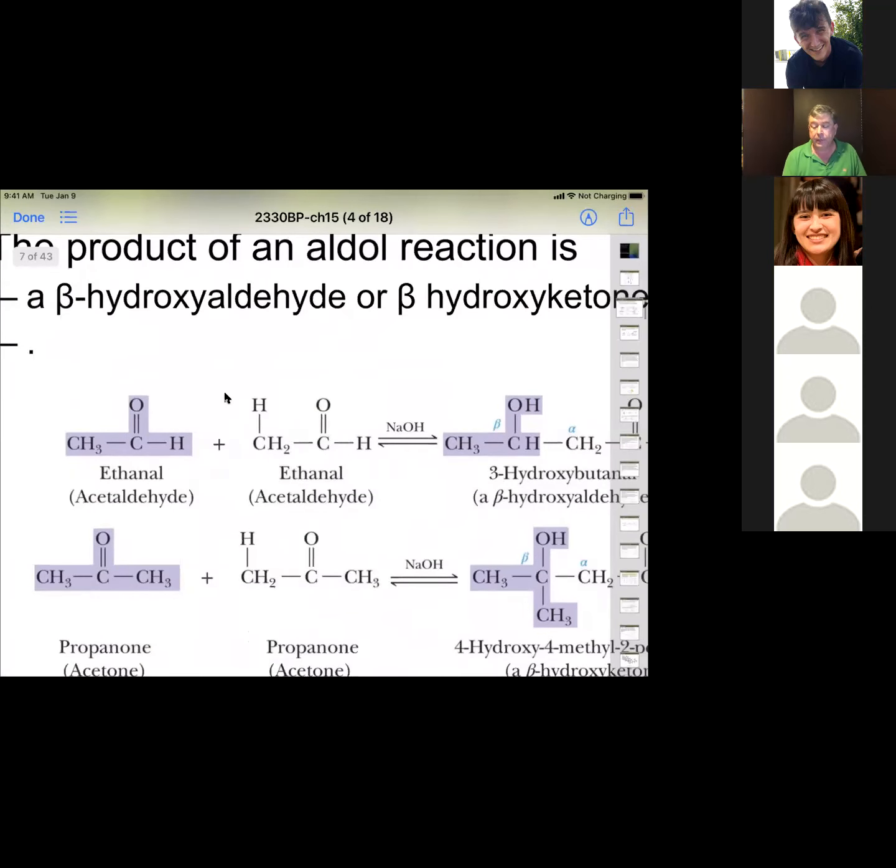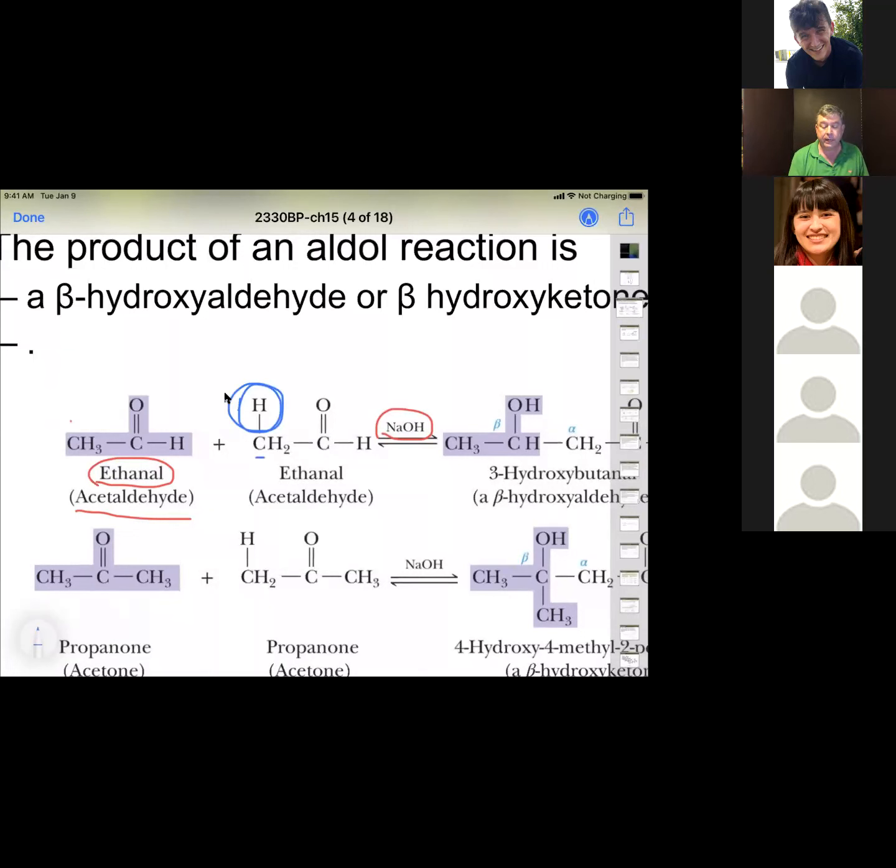If we have our acetaldehyde, and we have base, we can turn one of them into an enolate. It's going to pull a proton off one of these here. Oh, we're not going to pull that one off, sorry. We're going to pull this one off right here, because it's acidic, it's an alpha hydrogen.